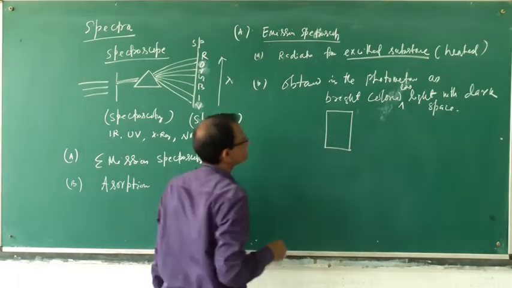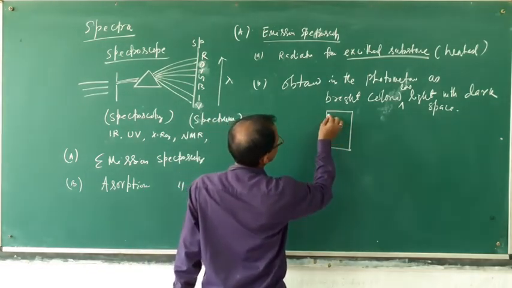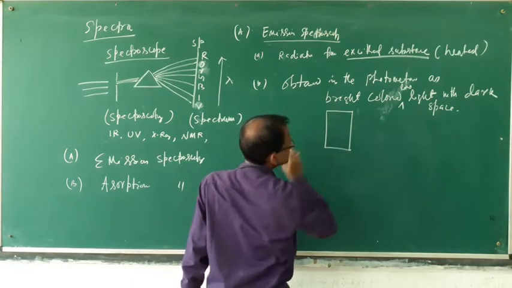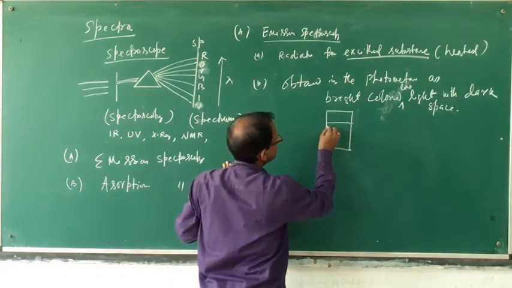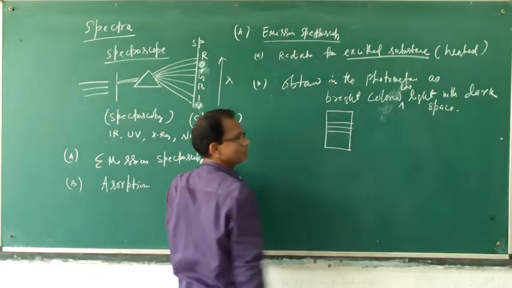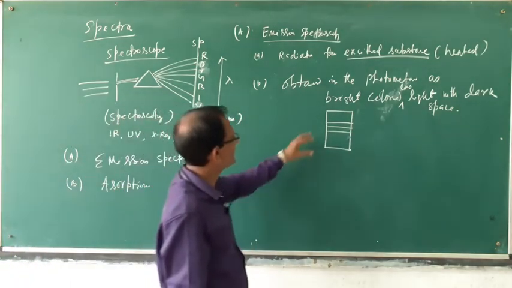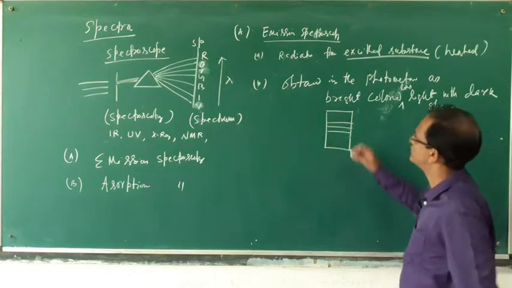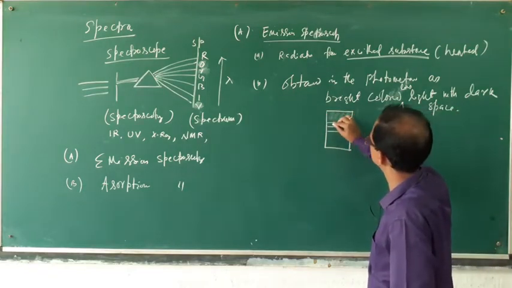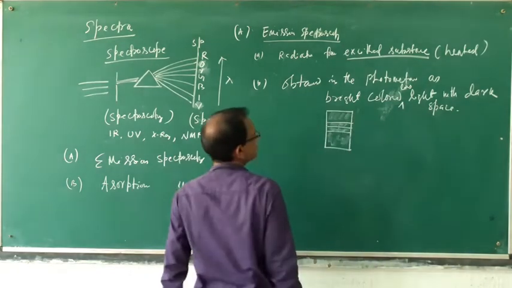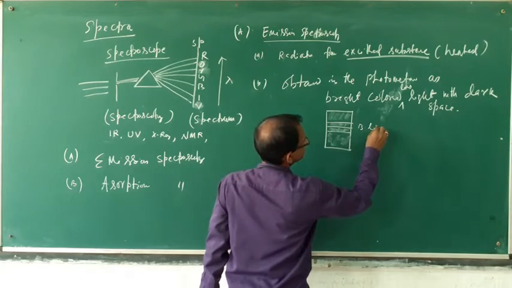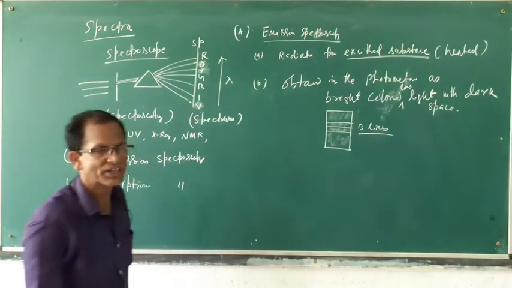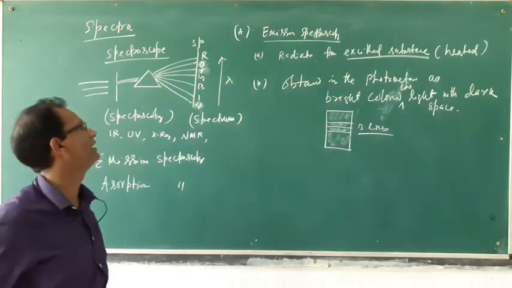In the photometer, when light falls, there will be dark regions, and then some bright lines observed like this. These are the dark spaces. Brighter lines are produced, obtained on the photographic screen in the photometer.